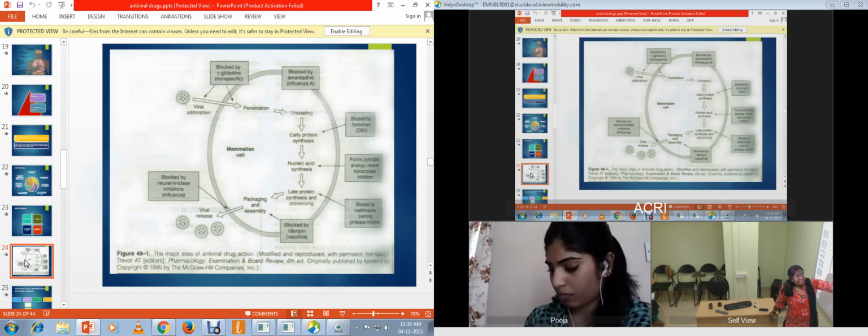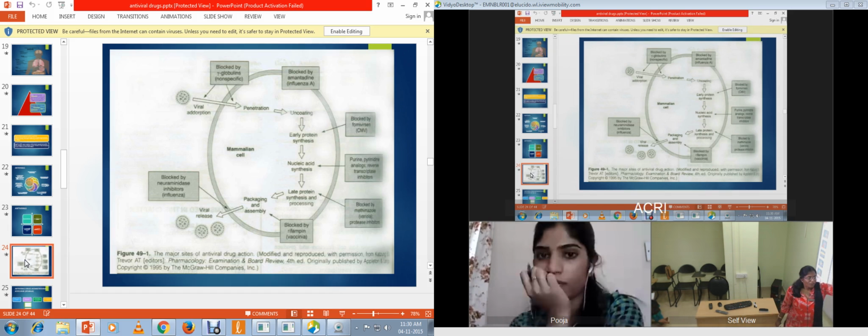Early protein synthesis is blocked by fomivirsen, which you will see is used for CMV, cytomegalovirus. The nucleic acid synthesis is blocked by purine and pyrimidine analogs, your reverse transcriptase inhibitors.